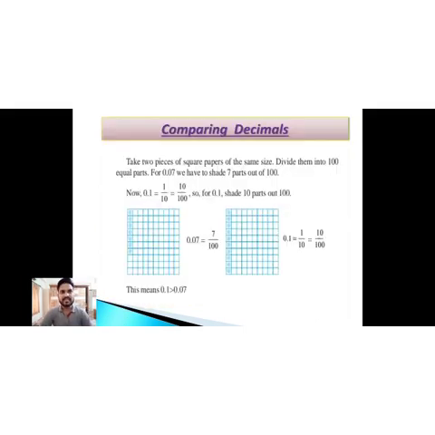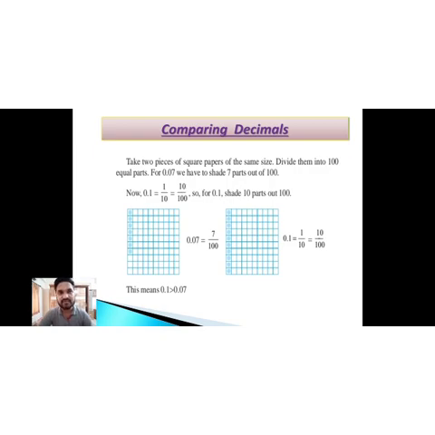In the next slide we have to compare decimals, meaning which number is bigger and which number is smaller. We take two pieces of square paper of the same size and divide them into 100 equal parts. How many parts? 100 equal parts. For the first, 0.07, we have to shade 7 parts out of 100.